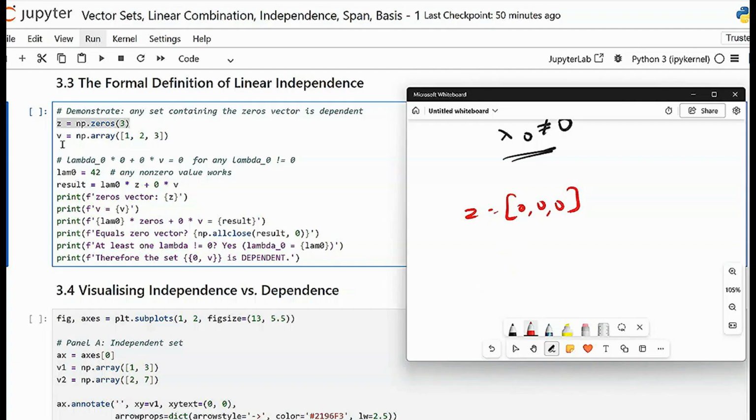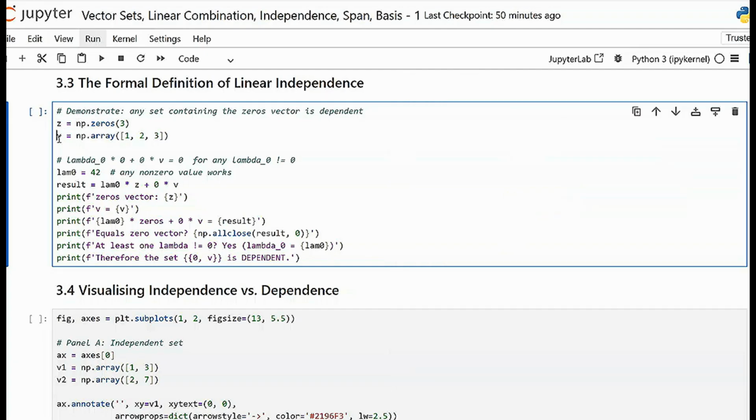Next, let me define another non-zero vector, that is 1, 2, 3. Dear friends, you can multiply the zero vector by any non-zero scalar, and the result is still the zero vector.